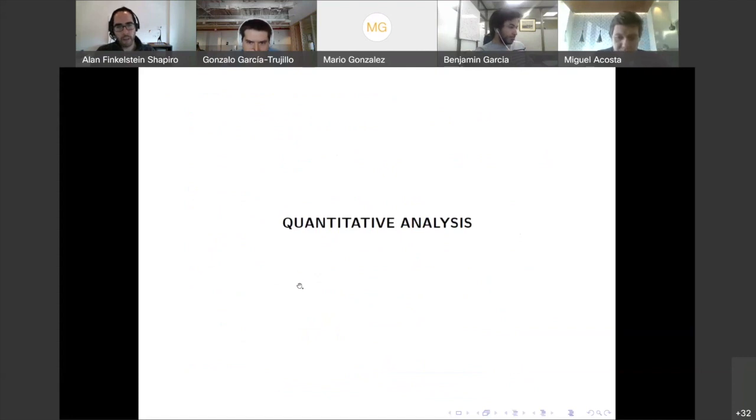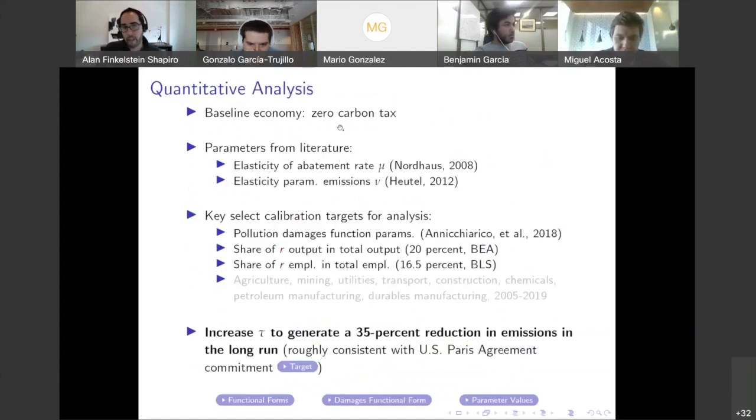In terms of the quantitative analysis, we have a baseline economy that has a zero carbon tax because, at least in the U.S., there's no nationwide carbon tax. It is true that some states like California and I think Massachusetts have trading schemes, but at the national level we simply don't have a carbon tax.